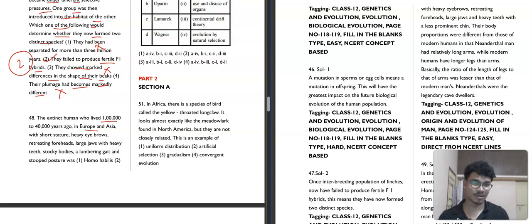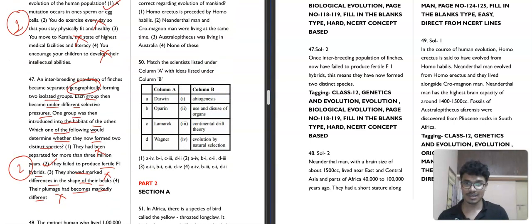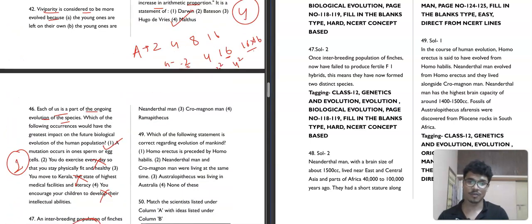Whether these are Homo habilis, and then the second option is given as Neanderthal man, Cro-Magnon man or Ramapithecus. So these are basically Neanderthal man, with a brain size around this, who lived in East and Central Asia, and this is the time frame, so you can guess it. So the second option will be the correct answer.